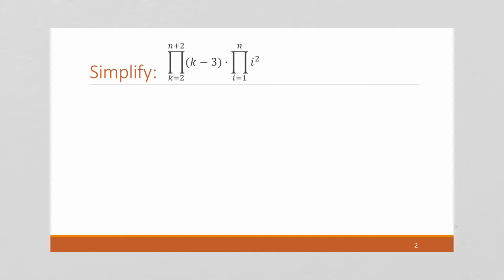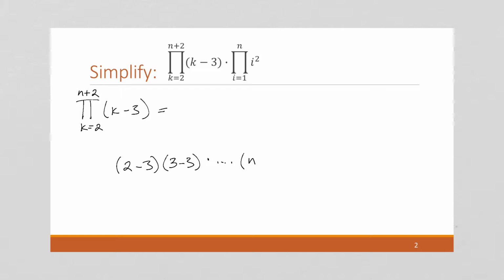Okay, so I'm going to rewrite this first term in terms of pulling that last term off. So again, we can expand it quickly to help visualize: 2 minus 3, 3 minus 3, all the way up to n minus 3, n plus 1 minus 3, and n plus 2 minus 3. Right? You can combine these in little parentheses if you want.